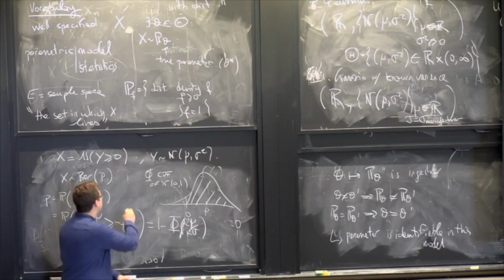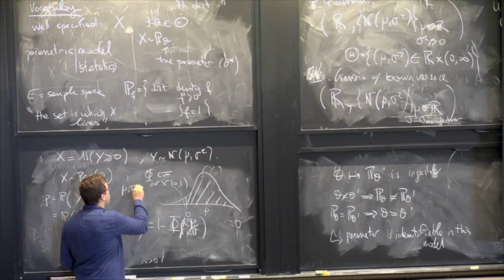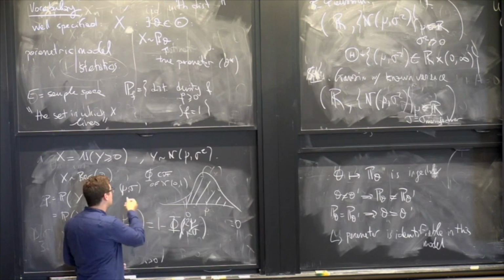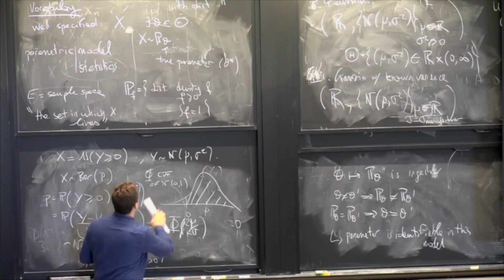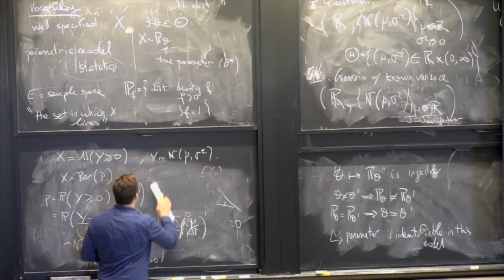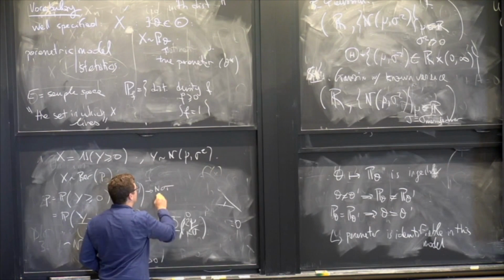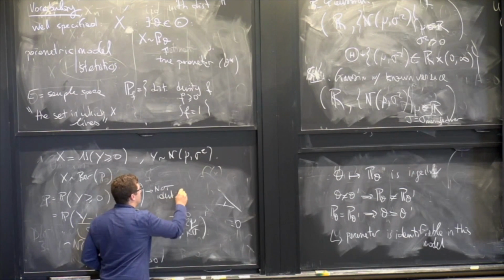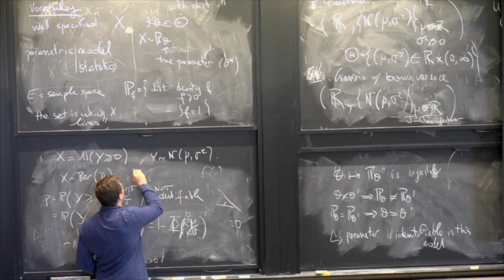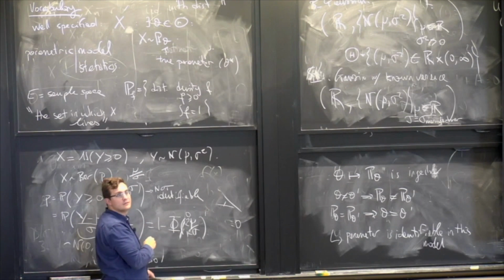So here, we say that the parameter (mu, sigma), or actually each of them individually, they're not identifiable. But the parameter mu over sigma is identifiable.